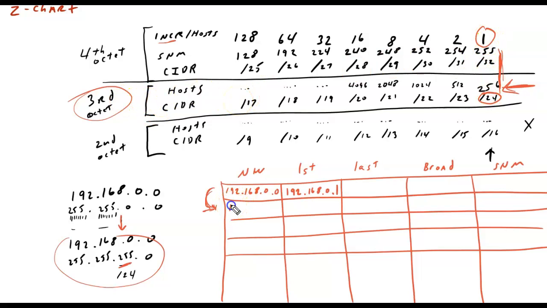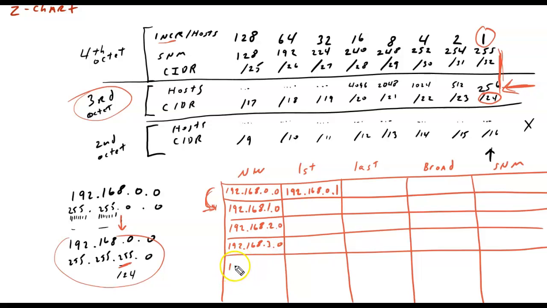So here we go. 192.168.1.0. In fact, the next network after that, I'm going to increment by 1 in the third octet. So 192.168.2.0. The next one, 192.168.3.0.